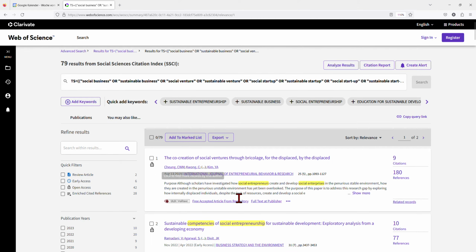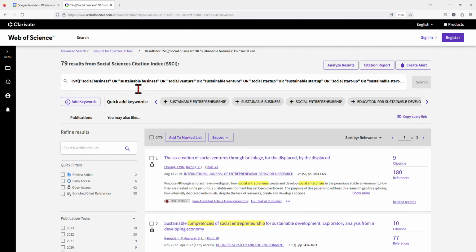So you always have to assume that here is not your final results table, but this is more of a broader results table here that you get, and not everything is relevant for your search. So I call this here the gross hit ratio, basically. So you have 79 gross hits, but these are not going to be the net hits that are relevant specifically for your topic. So let's try something else.